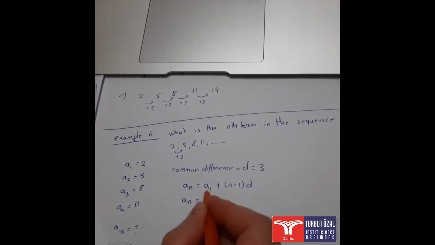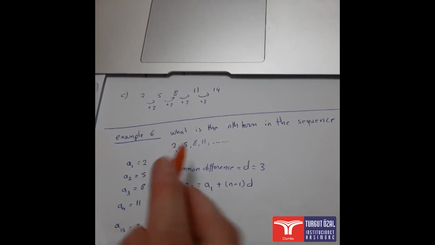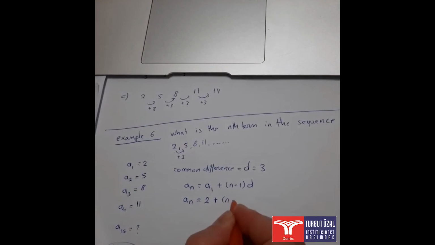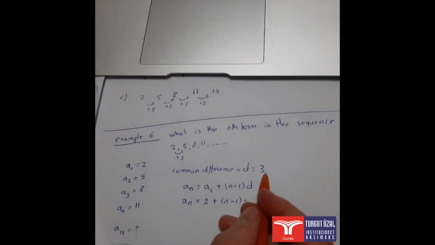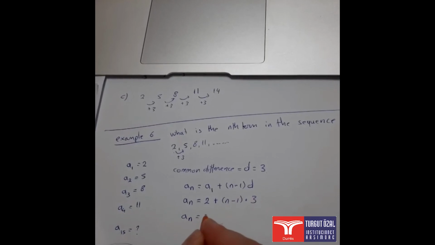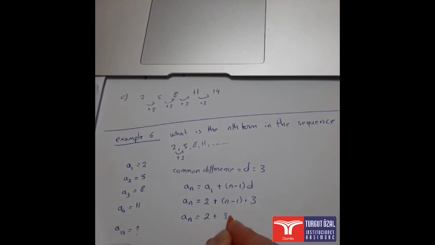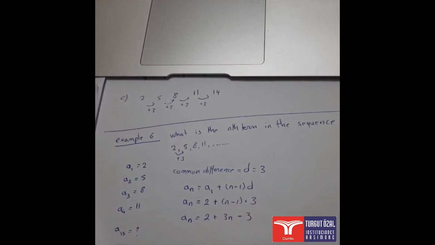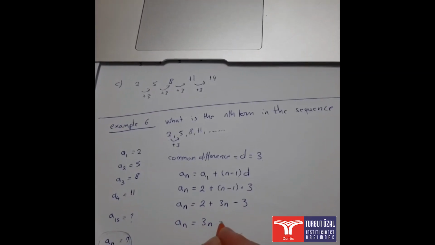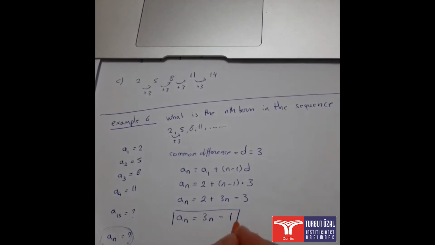An will be equal to the first term in our sequence, 2, plus n minus 1 times the difference 3. An is 2 plus 3n minus 3. An is equal to 3n minus 1.